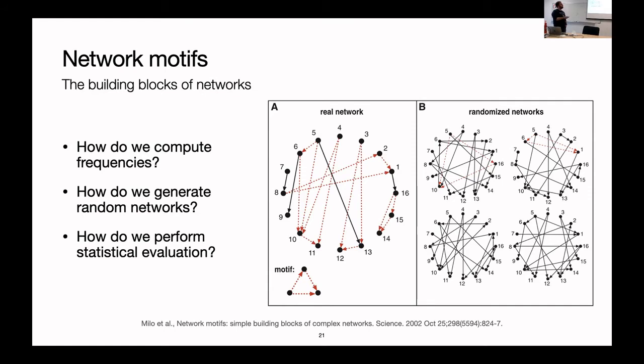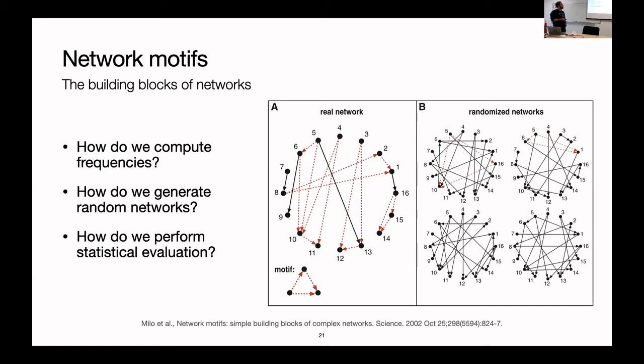Then we take this real network and sample a lot of randomized networks. They are similar to the real network, but there is some randomness in them. And we count again how many times this motif occurs in these randomized networks. And we compare the real frequency with the randomized frequency to evaluate the statistical importance of this motif. So is the motif important, or does it just appear a lot because of statistical randomness?